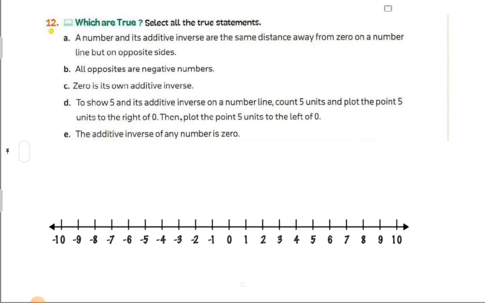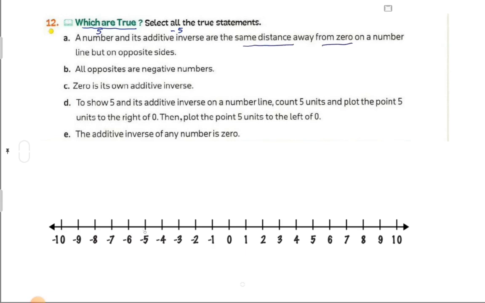Okay? Question 12. Select all the true statements. Which are true? We have 5 statements. Some are true, some are false. He said that any number and its additive inverse, like 5 and its additive inverse negative 5, are the same distance from 0.